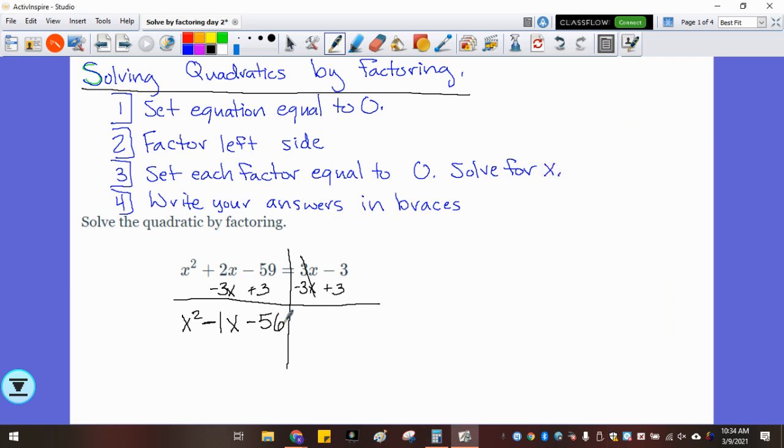Positive 3x, negative 3x cancels. And negative 3 and positive 3 equals 0. All right, figure out what A, B, and C are.